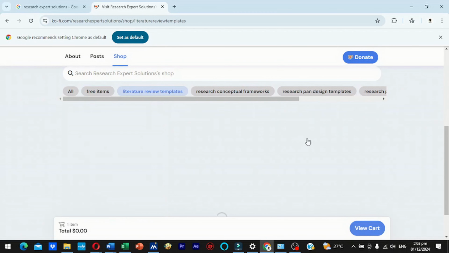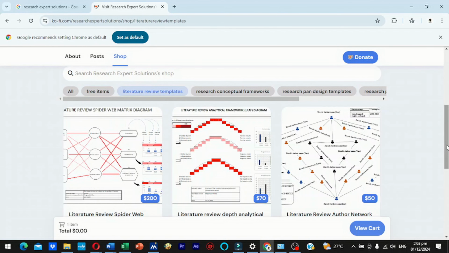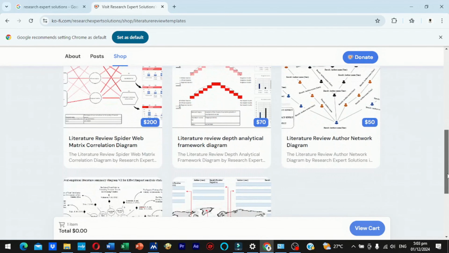And literature review diagrams, we have these. These are very powerful tools for analysis. I won't explain them now, but I'll explain them in another video. Then we have research conceptual frameworks, which I was talking about earlier.